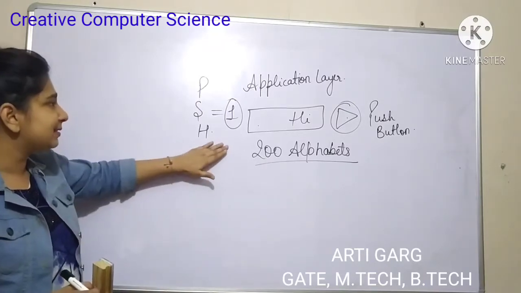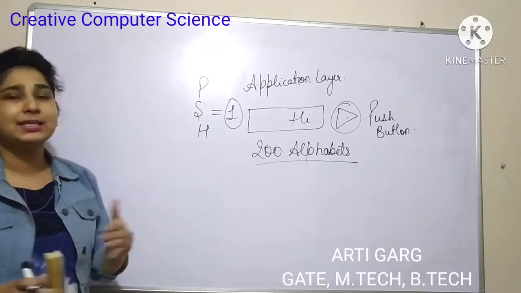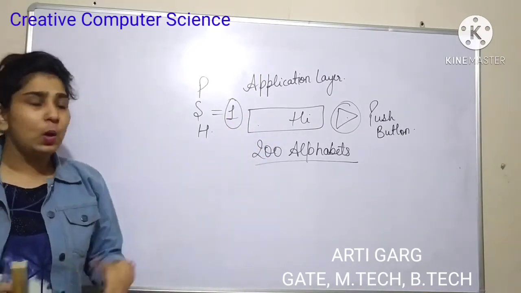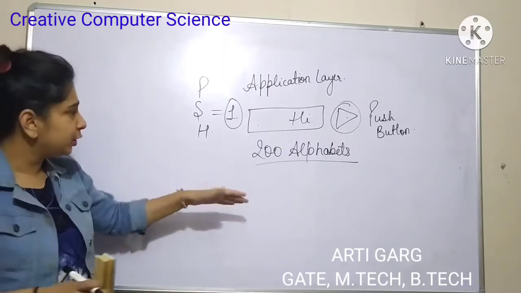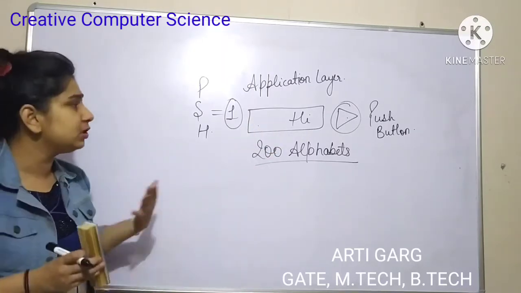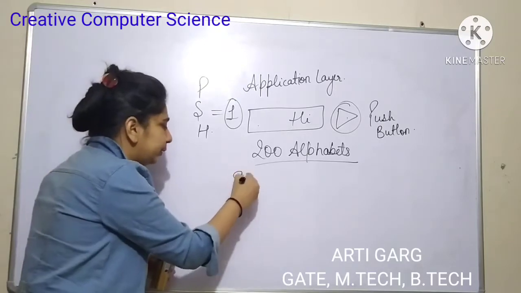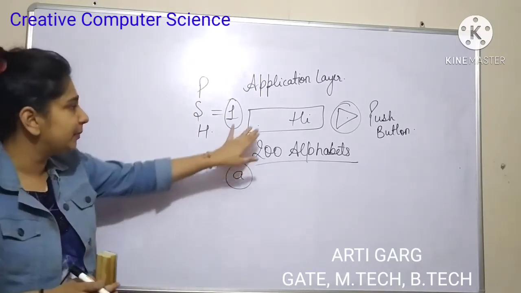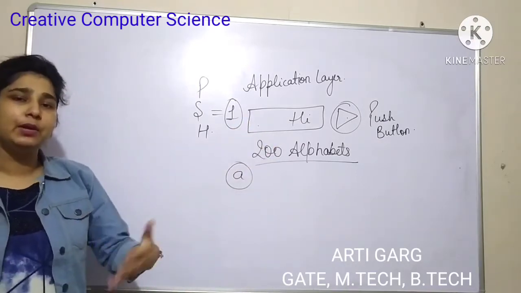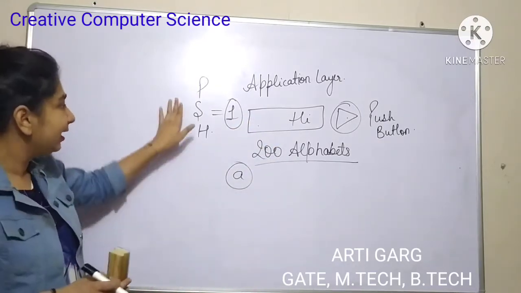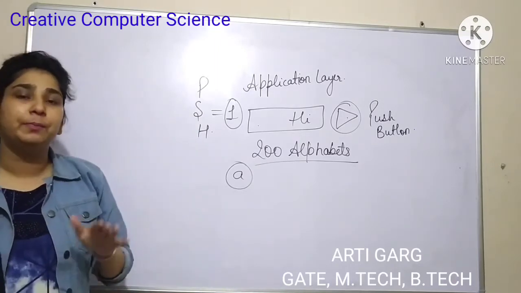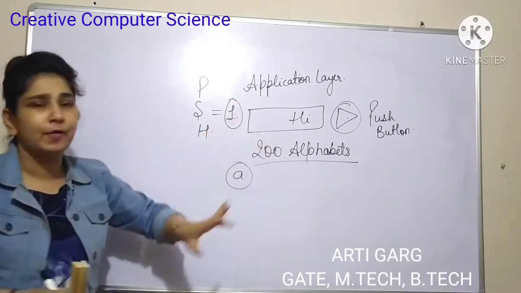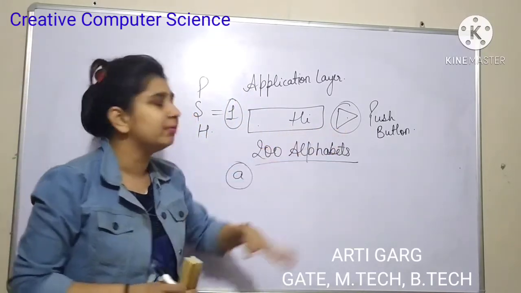So the push field says you don't need to wait to fill your buffer. Whatever message you have, you just write down that message, even if you have one alphabet only. Push bit says without filling your complete buffer, you can send your message. That is the benefit of using the push button.